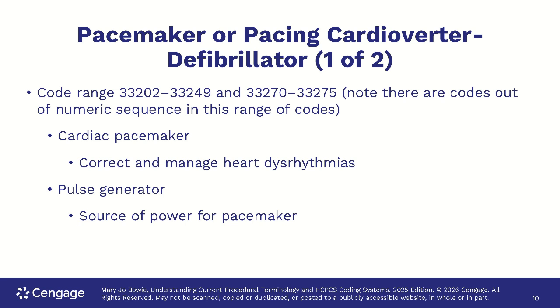A pacemaker is designed to correct and manage heart arrhythmias. Basically, the natural pacemaker of the heart, the SA node, stops functioning properly, and so the pacemaker keeps the pace of the heart.